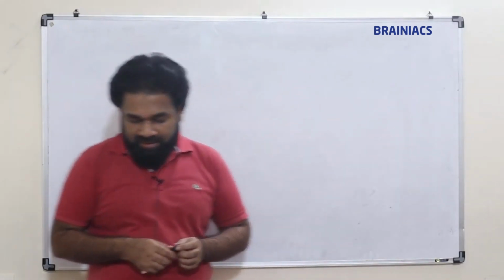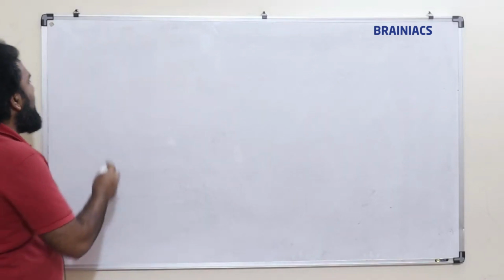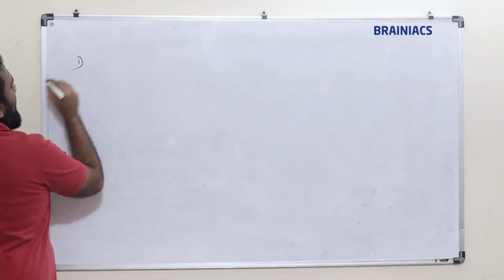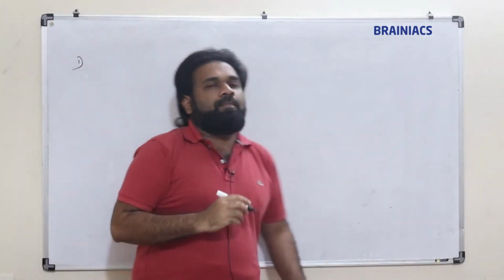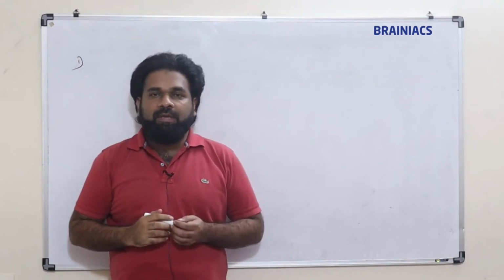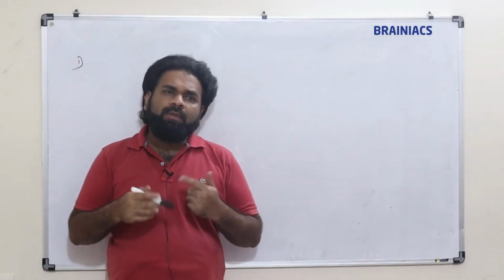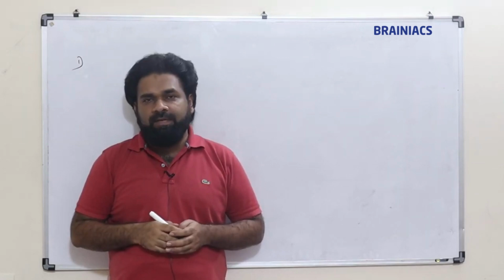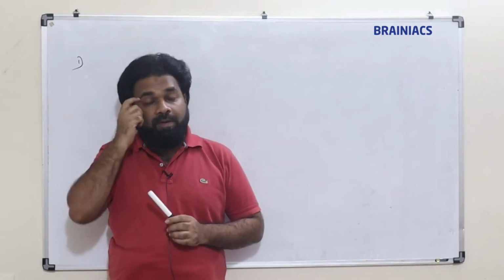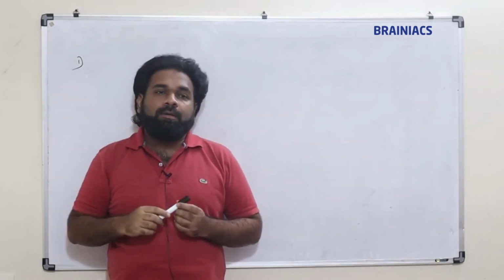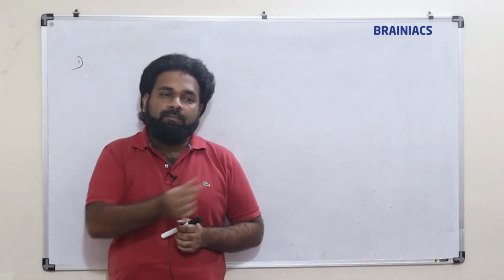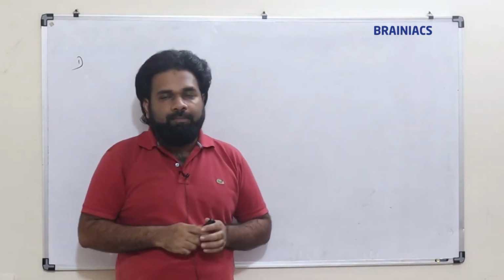So the first application is the time period of oscillation of a simple pendulum, which we have already seen. If a simple pendulum is swinging, it will have a time period.